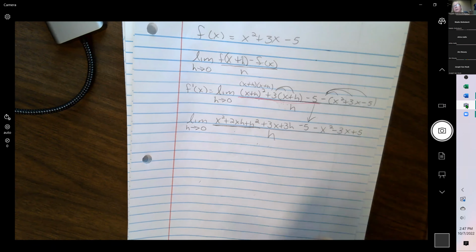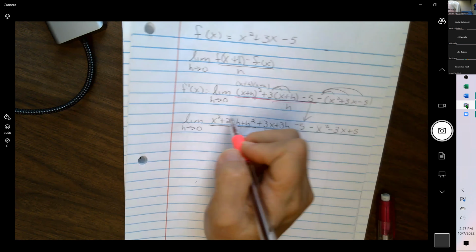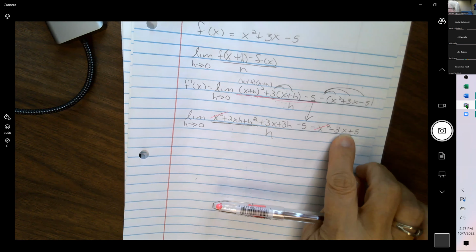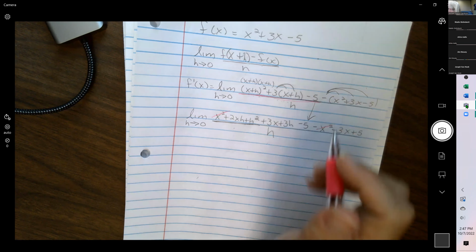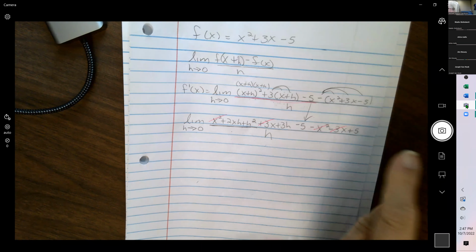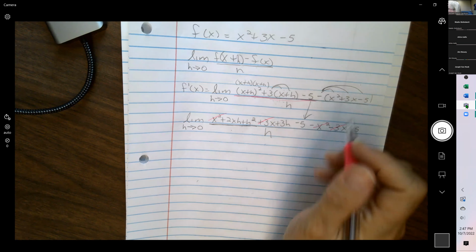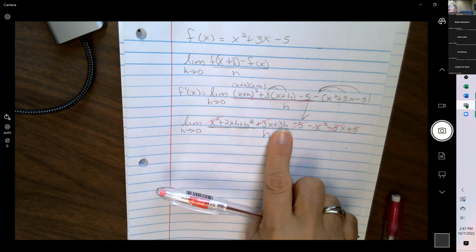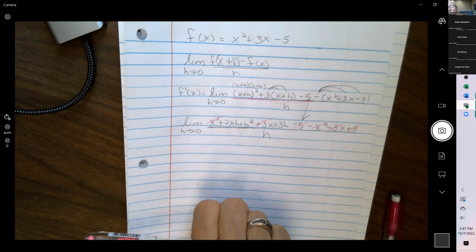Now, once you do that, a lot of things cancel. The x squareds cancel. Everything here. The negative 3x, there's a positive 3x. Plus 5, there's a minus 5. There's 1, 2, 3 terms left, and they all have h's.